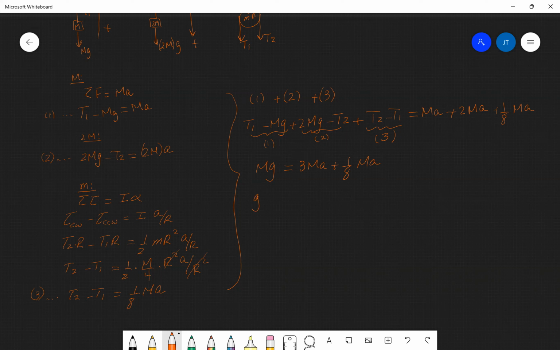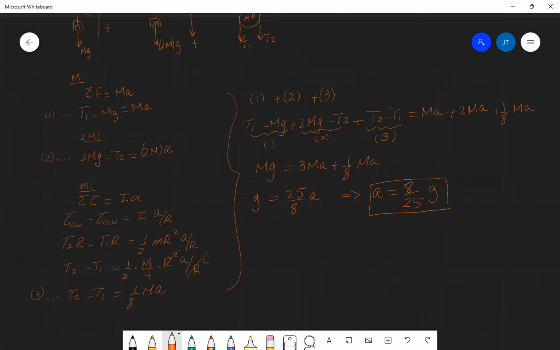I got G equals 3 plus 1/8, that's 25/8 A. So A equals 8 over 25 G, which is good. First, because it's less than G. Okay, if we got 25 over 8 G, that would not have been good, right? 8 over 25 G. All right, now we got the acceleration.